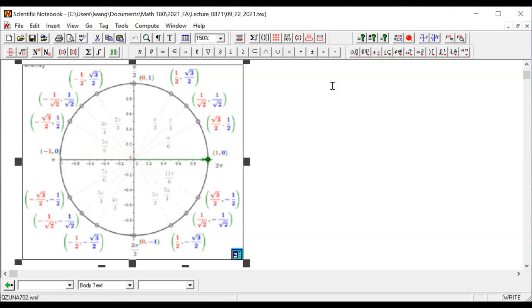For example, we have this line we call the standard position. This is the unit circle. And if the terminal side is here, y is 0.